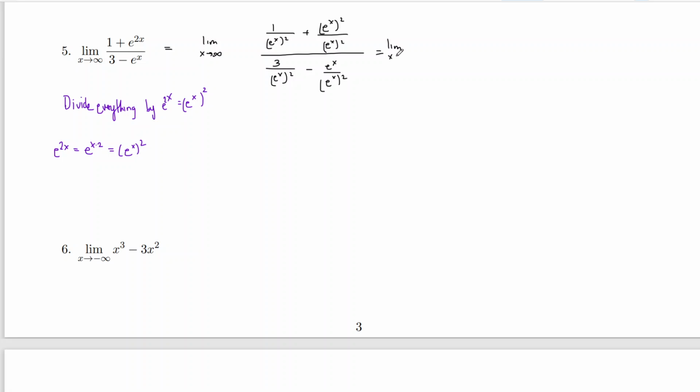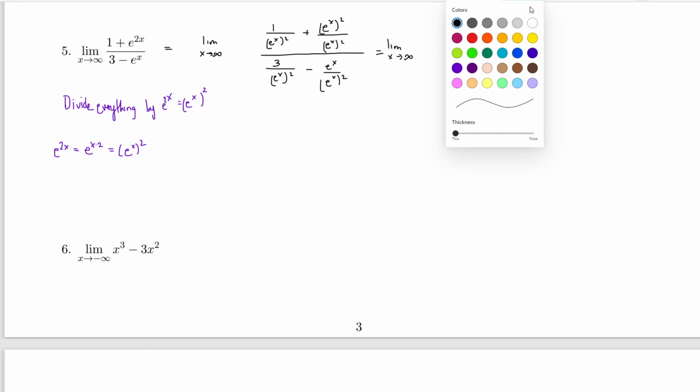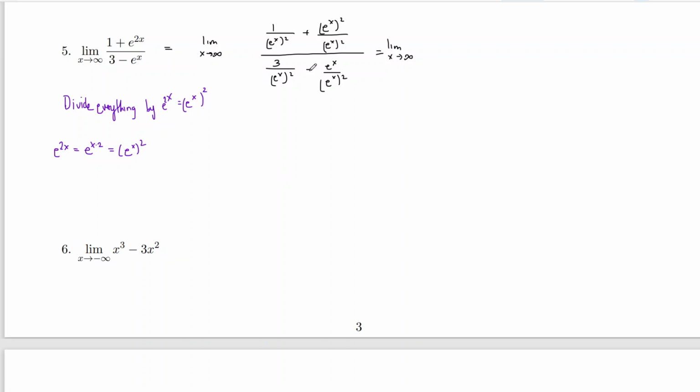All right, and how are we going to finish this one up? Well, you might be wondering, we don't really have a rule for the limit with e to the x. We don't have a 1 over e to the x. And you're right, we do not. But we know what the limit of e to the x is as x goes to infinity. That's actually infinity. So what you want to do is simplify like we did before.